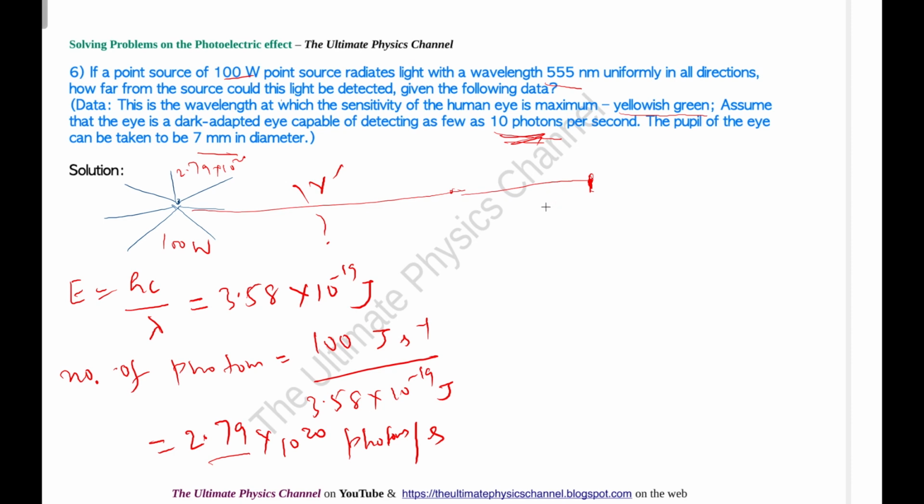So at what distance this would happen is the question. Assuming that this is spreading uniformly in all directions, you can draw a large sphere at that unknown distance r, and calculate the distance where these many photons would become 10 photons per second.